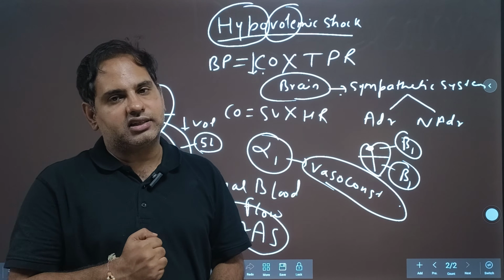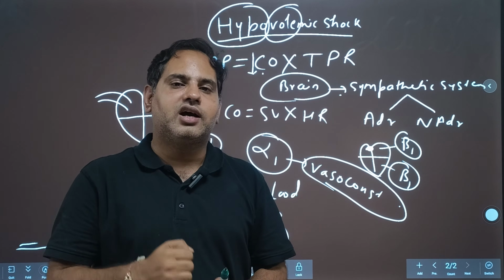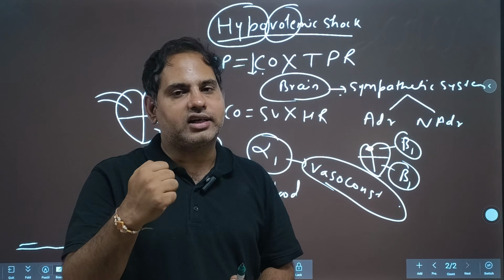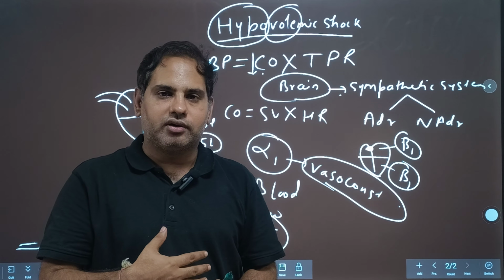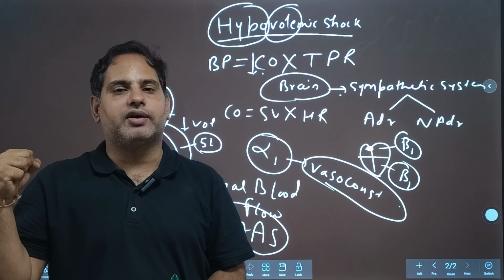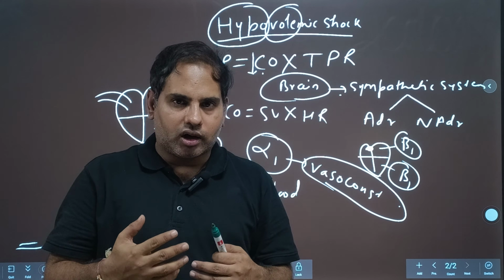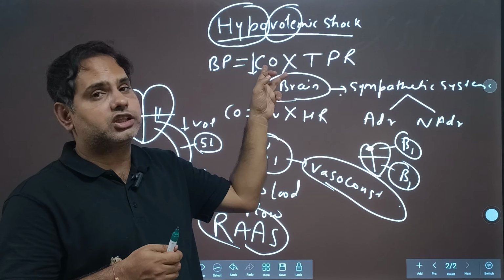Another compensatory mechanism is that angiotensin 2 is also going to stimulate your adrenal cortex, and it is going to release another hormone, that is aldosterone. Aldosterone is going to act on the nephron, the proximal convoluted tubules, and is going to do the reabsorption of sodium and water and adjust your blood volume, because this is a shock which happens due to decreased volume.